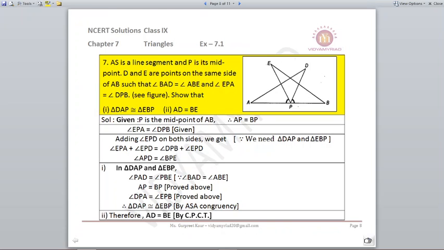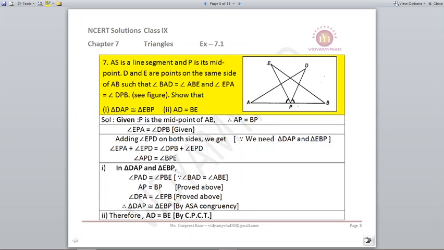So what will I do? I need the bigger triangles DAP and EBP. So for getting that and making the angles equal, as it is a common part, I will add EPD on both the sides, and because of which I can easily get angle APD is equal to angle BPE.